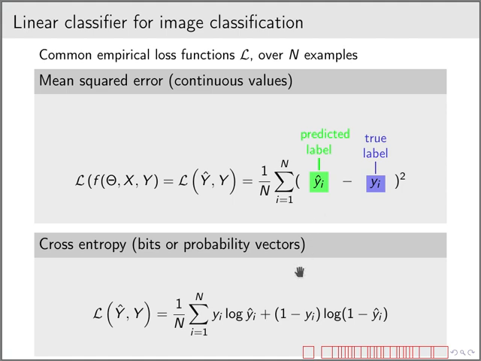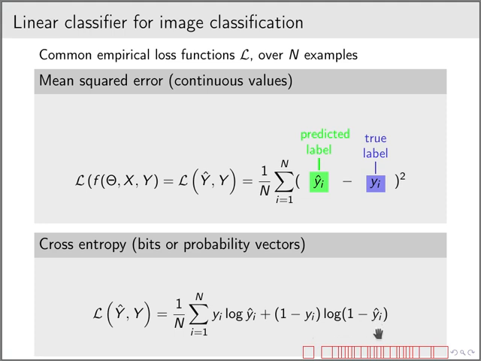And another loss function that is very common nowadays is what we call cross entropy. Usually it operates over bits or probability vectors. It's basically an entropy value, but between the true label times log predicted label, plus 1 minus the true label times log of 1 minus the predicted label.